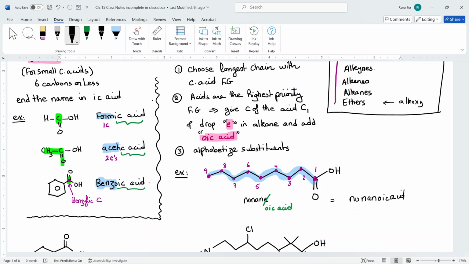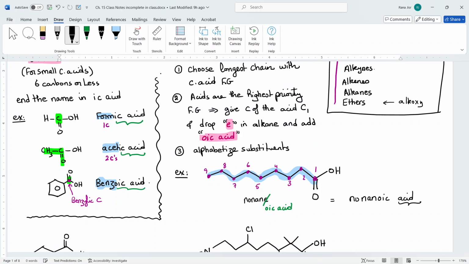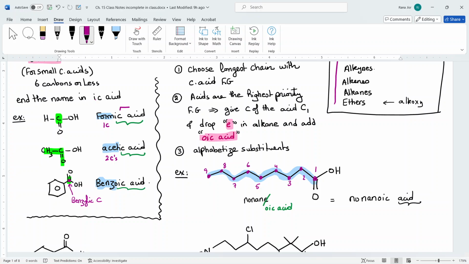Okay, so it's going to be nonanoic acid, and there is a space between the oic and the acid. So make sure that you put a space in there. There is always a space between the ic and the acid. There's always a space in there. The name is 2 parts.